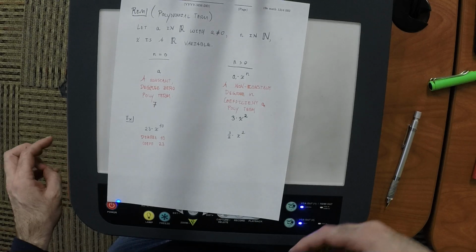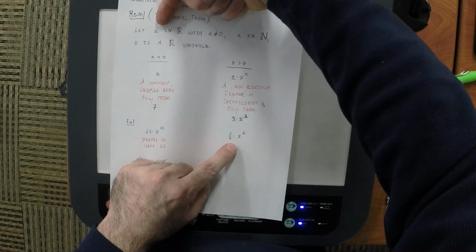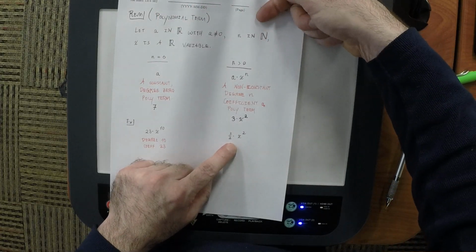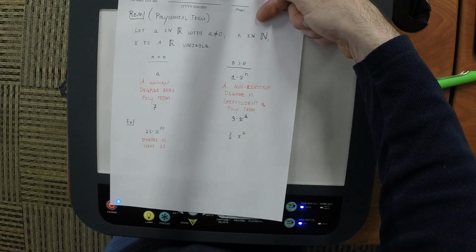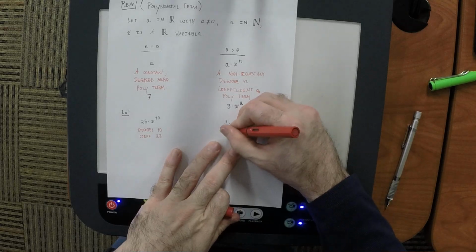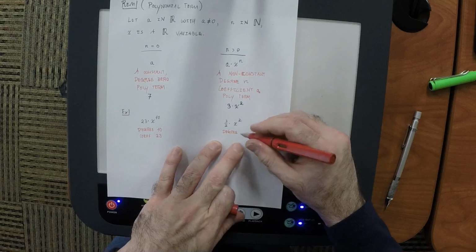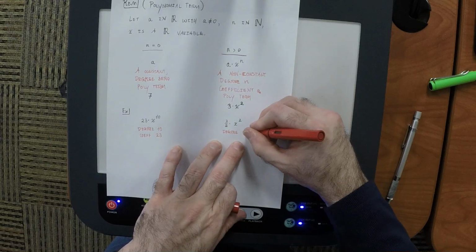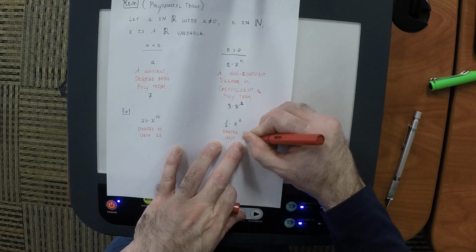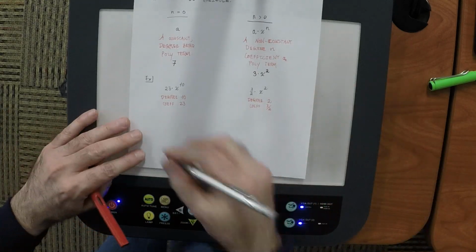Because it's still real. Remember the coefficient, the thing that's in front, that can be any real, right? It's the exponent that we're saying we've got to have a natural exponent. Okay, so this is fine. So degree 2, coefficient 3/2. Okay, fine.